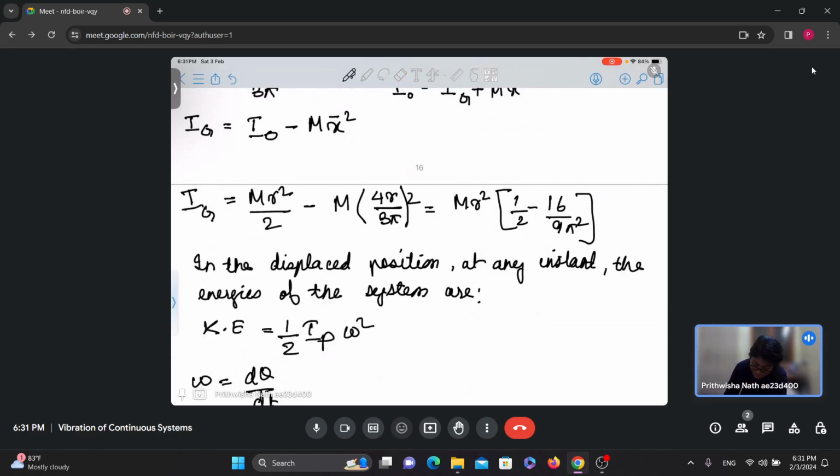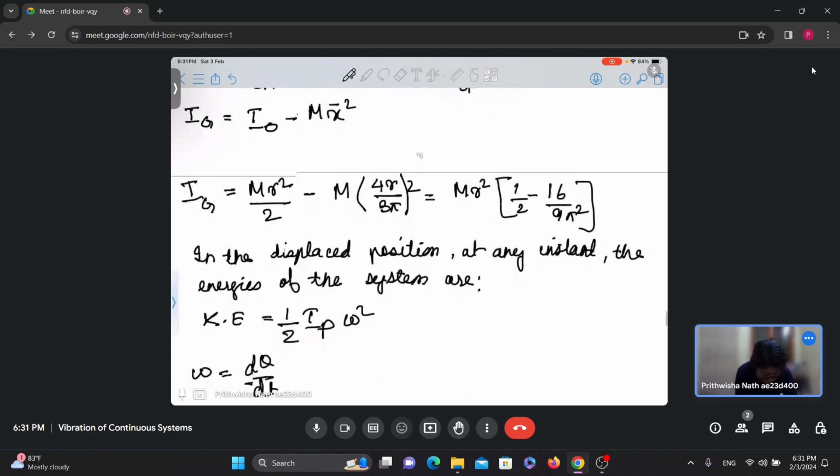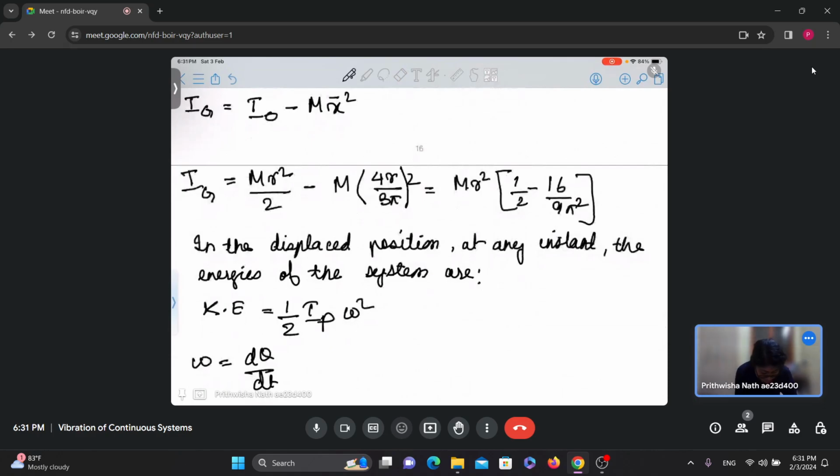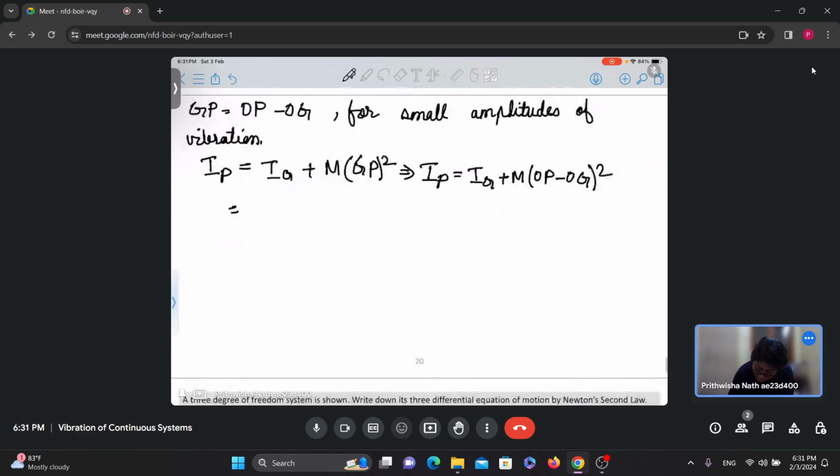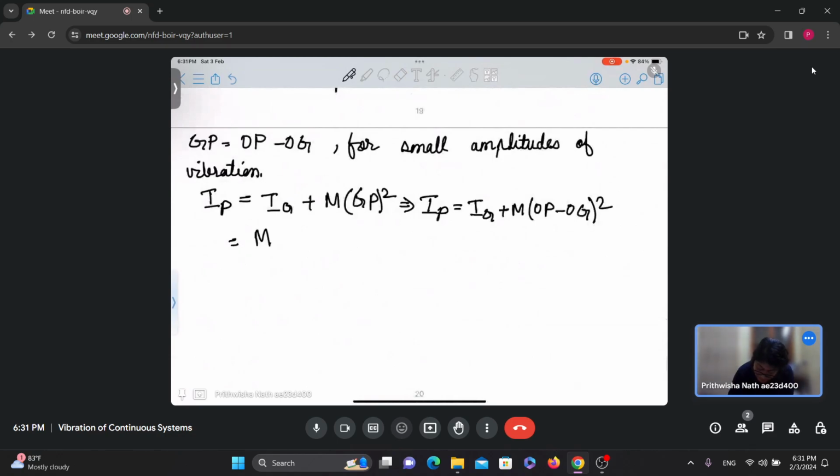So in place of Ig, I'm going to substitute this, that is mr square into half minus 16 by 9 pi square.